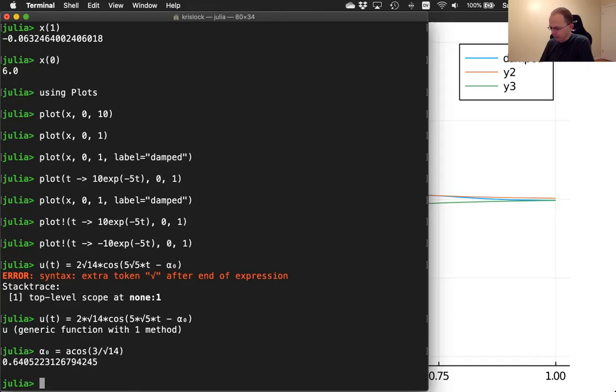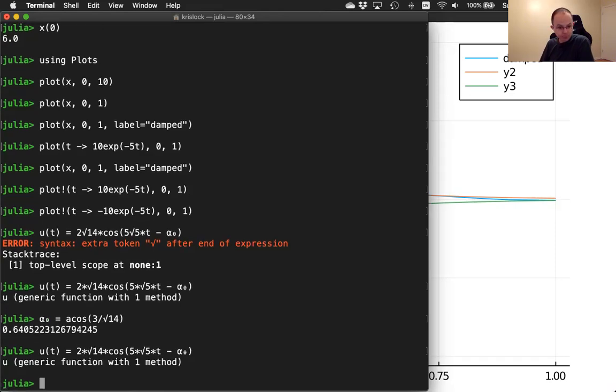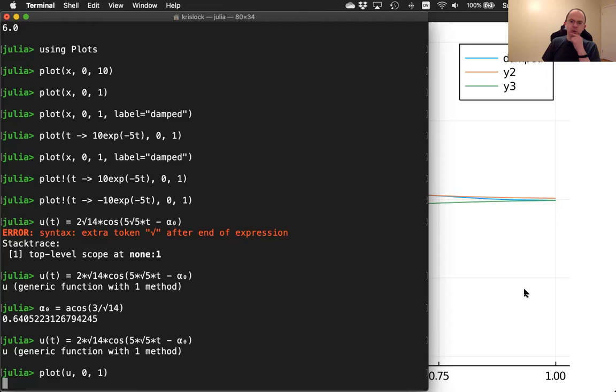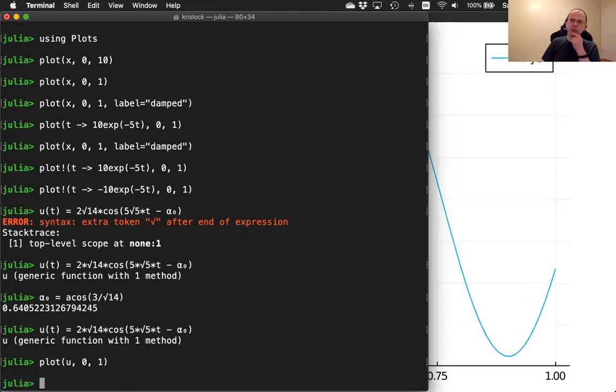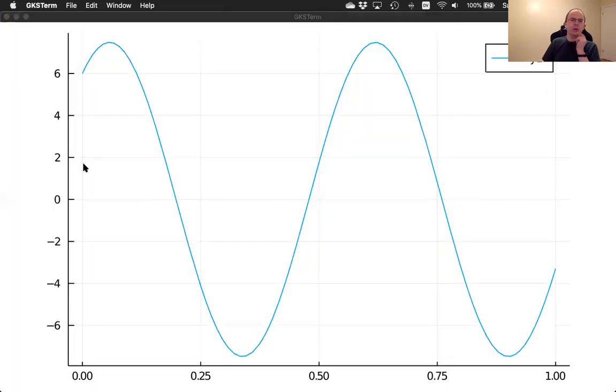Yeah, that's the right value. All right, so I'm going to plot that function from 0 to 1. I'll just do a fresh plot so we can see what that looks like. Okay, that looks pretty nice.